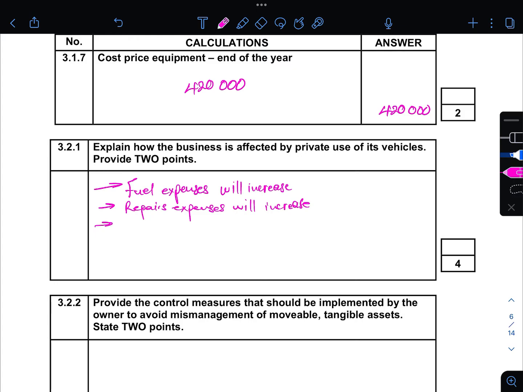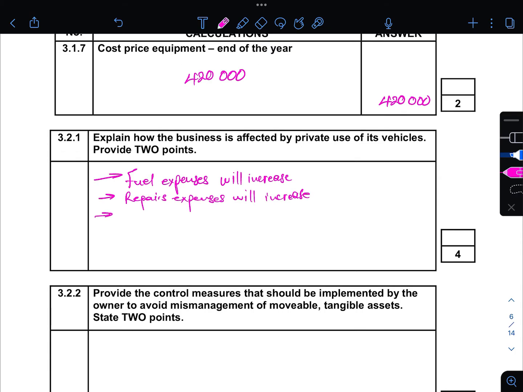But these are the type of questions where you have to have your thinking hat on, where you need to think outside the box, but not only on the concept of accounting, but in real life scenarios and real life situations. So the last one I was talking about was whereby vehicles might depreciate at a higher rate.